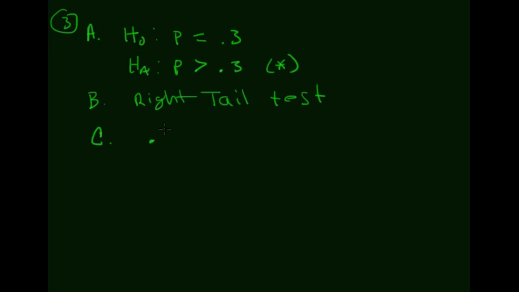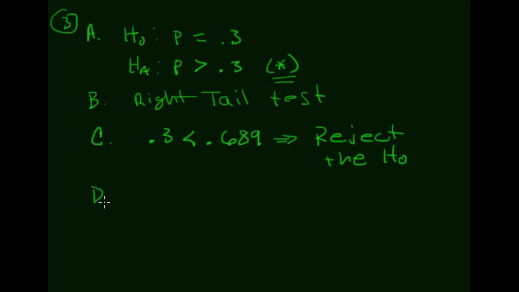Well, 30% is definitely lower than 68.9, so we can reject the null hypothesis, because this cannot be true if it has to be between 68.9 and 91.9. But note, rejecting the null actually supports the claim, because the claim is that it's greater than 30%.